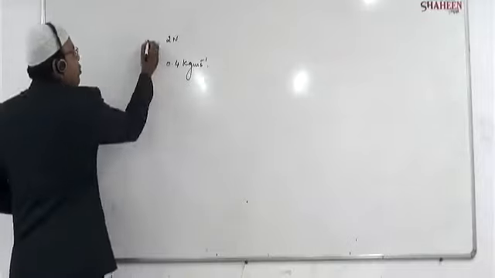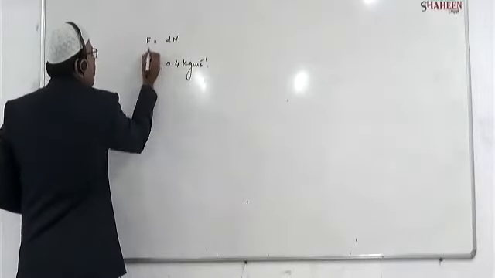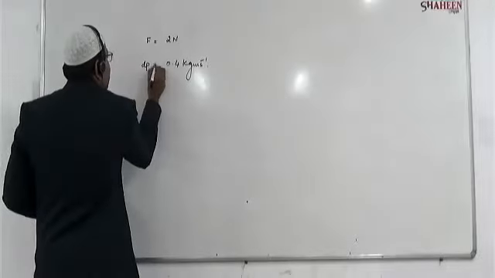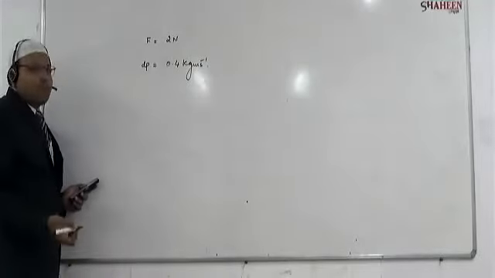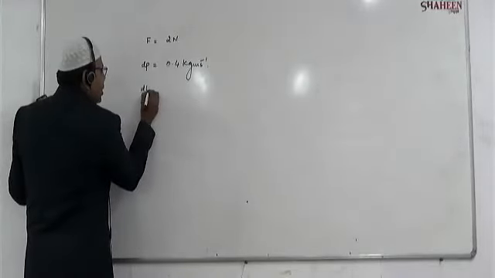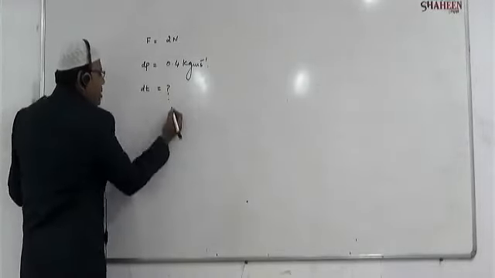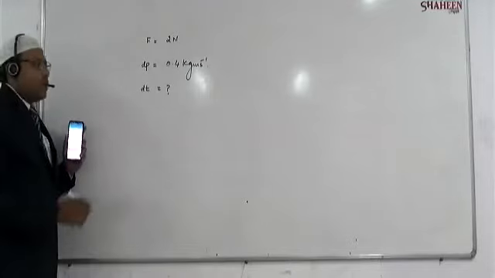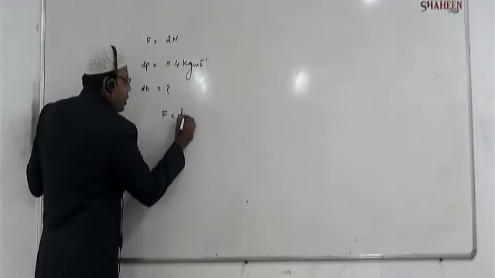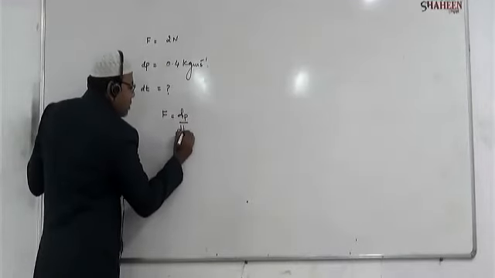See, this is the force, and this is the change in momentum, that is dp, which is given. We need to calculate the time dt. It is a simple question. By the definition of Newton's second law, we know force is equal to dp by dt.